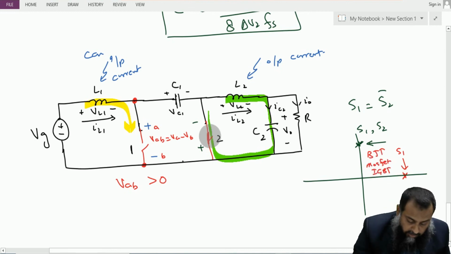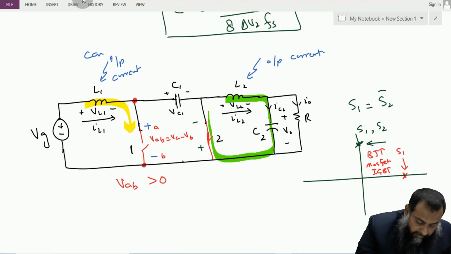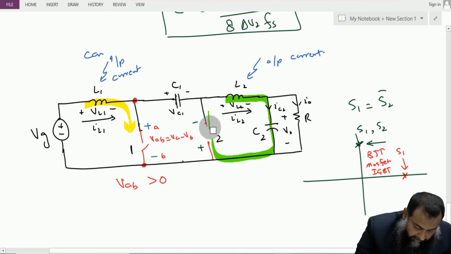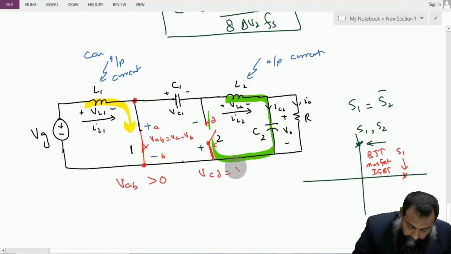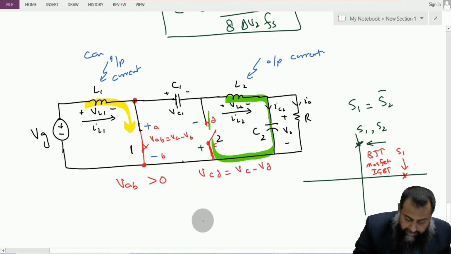As far as switch number 2 is concerned, if this switch is now off and we have turned on this switch, then this positive side is connected with ground. Let us say this is point C and this is point D, then VCD is equal to VC minus VD.